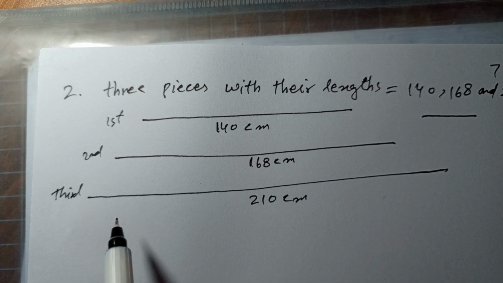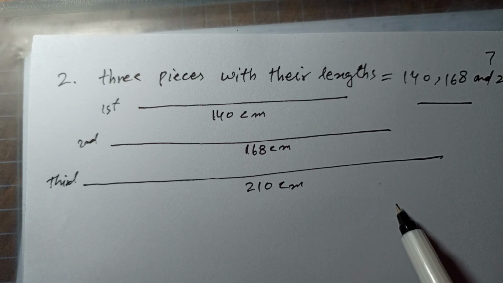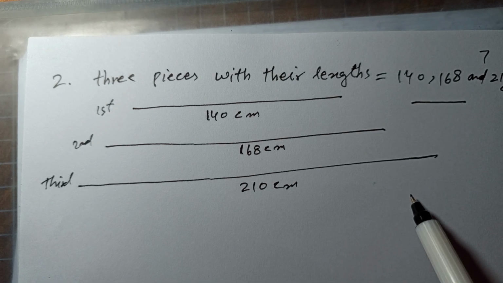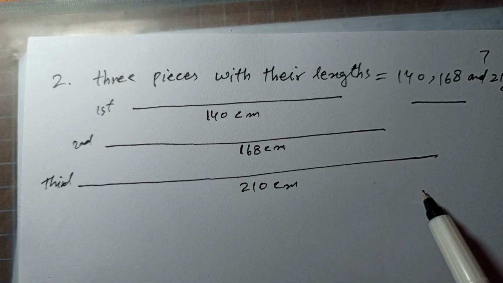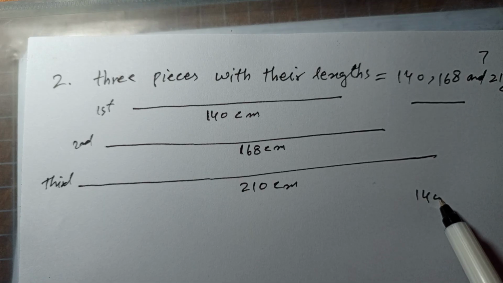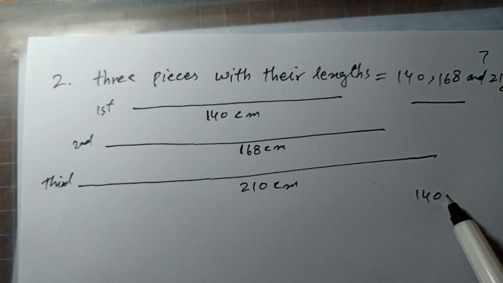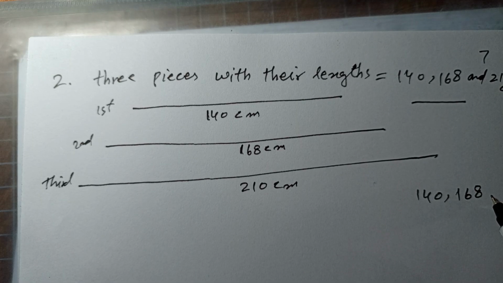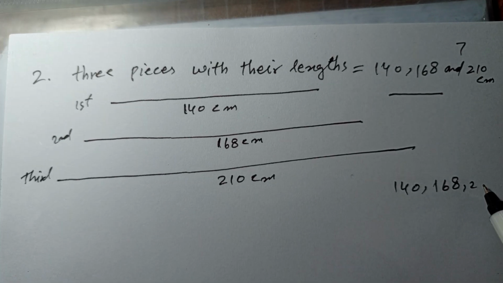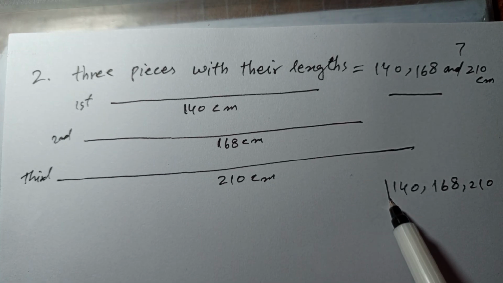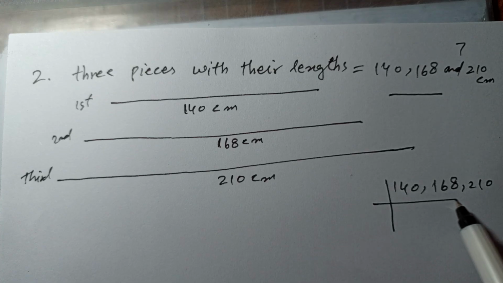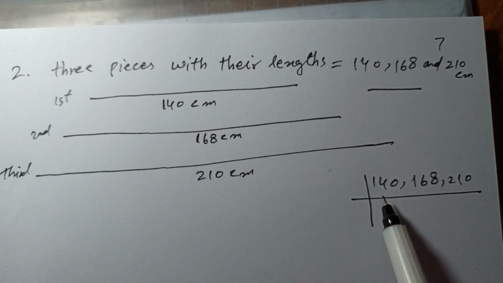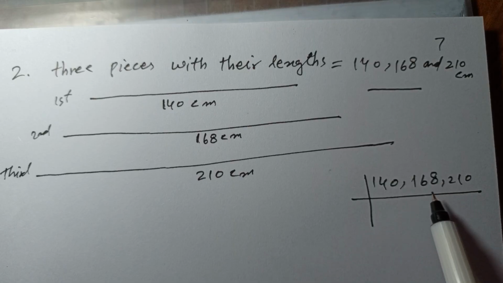We have to find the HCF, so I am going to find the HCF, adopting the same method as I use for the LCM. But remember that when you are finding the HCF by the division method, you should take your divisor as a prime number, and it should divide all three numbers.